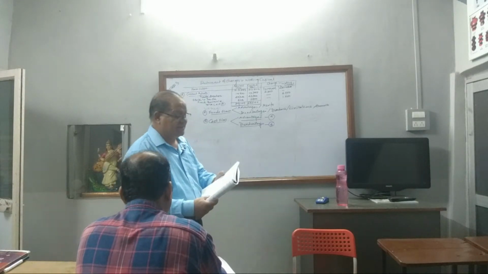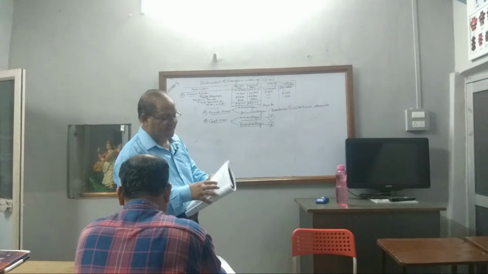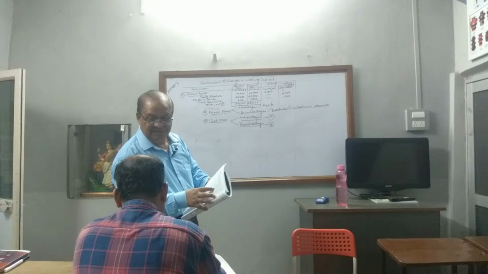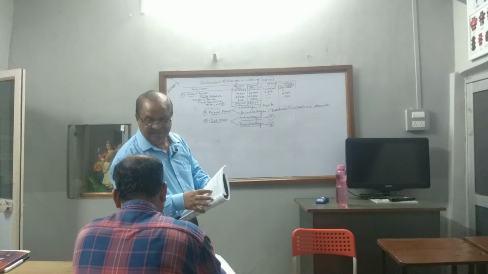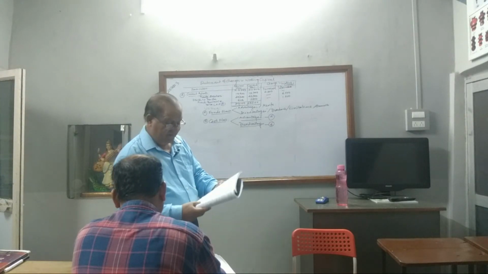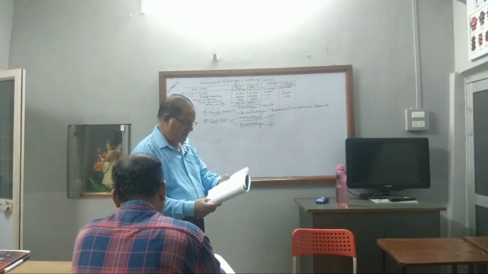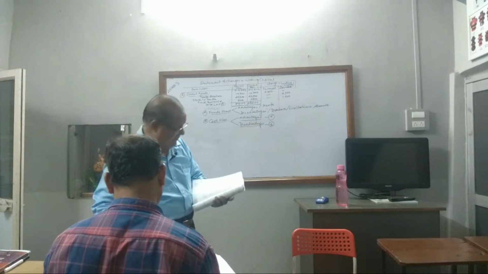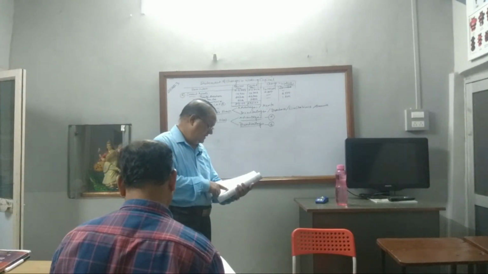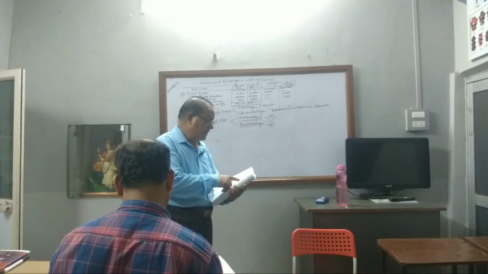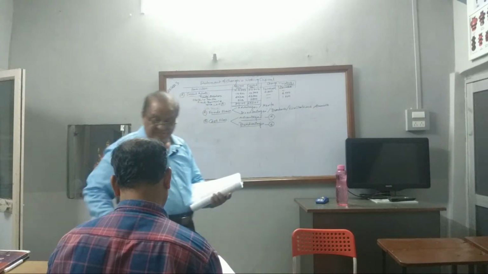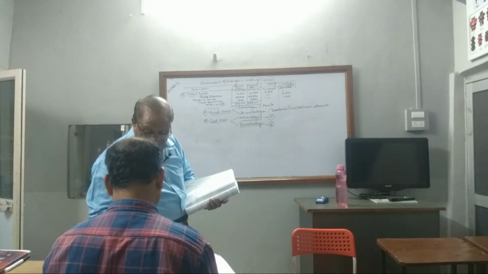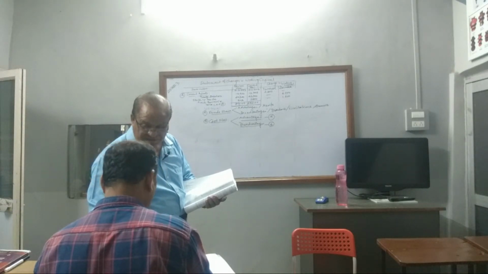Then next is 6% investment. It is reduced: 3,20,000 minus 2,82,000. It is reduced, so the investment was disposed of, and cash is incoming. The difference is 38,000.